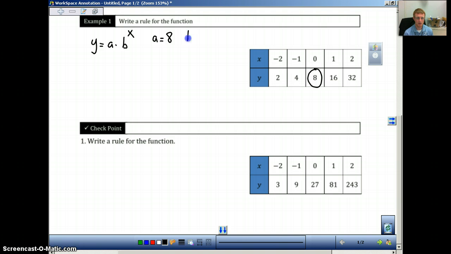Then for b, our b value is determined by what we multiply each one of these by to get to the next number. 2 times what equals 4, 4 times what equals 8, and it should be the same number. 2 times 2 equals 4. 4 times 2 equals 8. So therefore, b is equal to 2, and our rule, or our equation, that's what rule means. Rule just means write an equation.